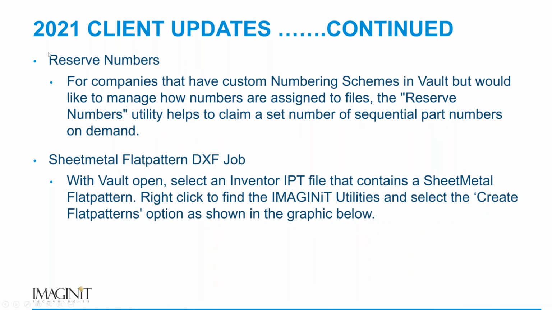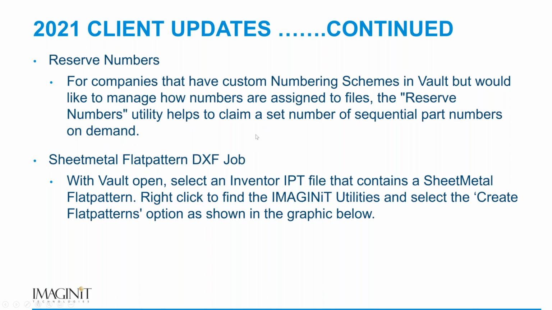Reserving numbers. So in 21, that was something we added where if you have numbering schemes and maybe I want to reserve the next 20 numbers as I design my project, I have that list of numbers so I can keep them all in order. So if you want to keep all of your part numbers in order for the job you're working on, you could go up and reserve a chunk of numbers based off of the numbering scheme that you're using, so nobody else uses them.